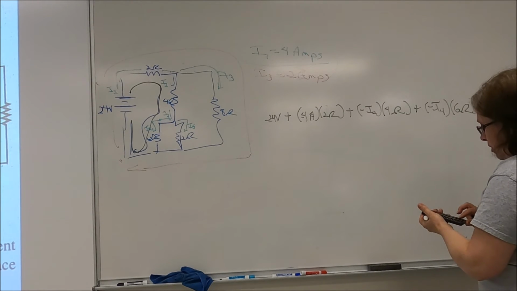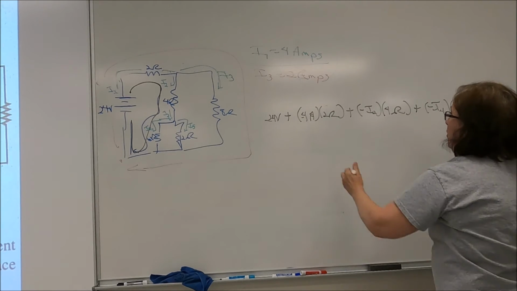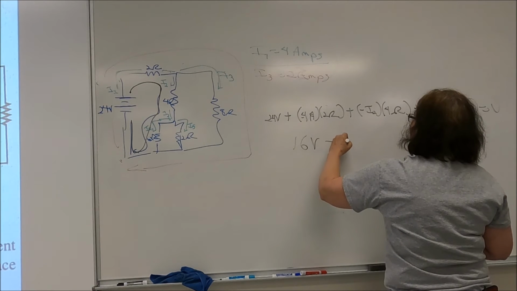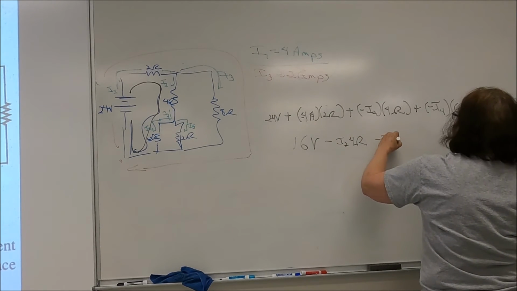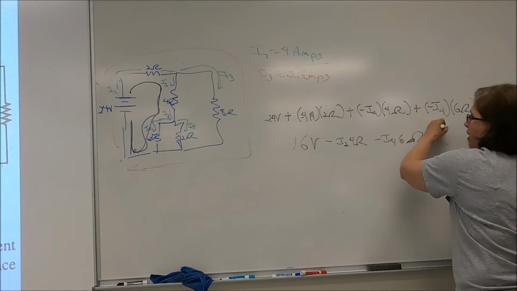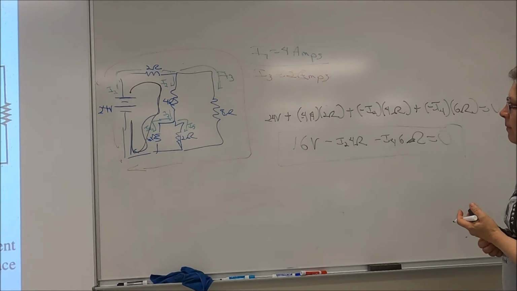So 24 minus 8. So I have 16 volts minus I2 4 ohms minus I4 6 ohms has to be 0. So that's one equation with two unknowns.